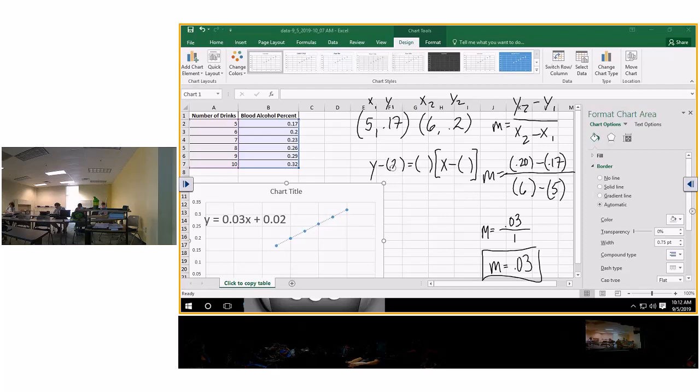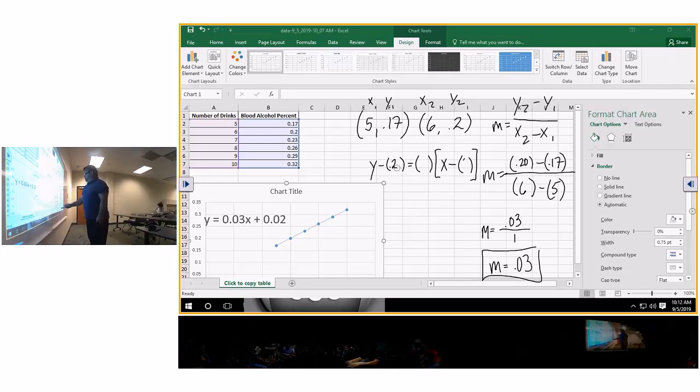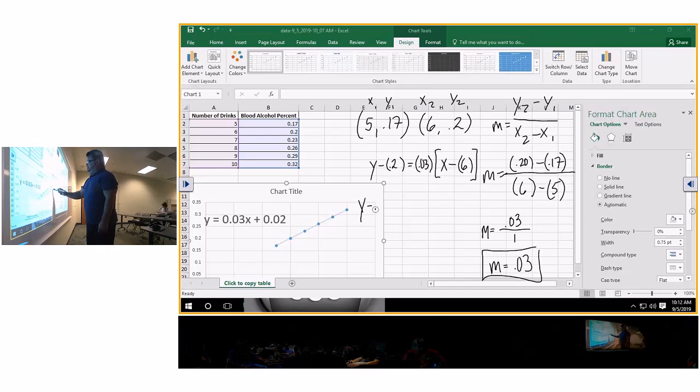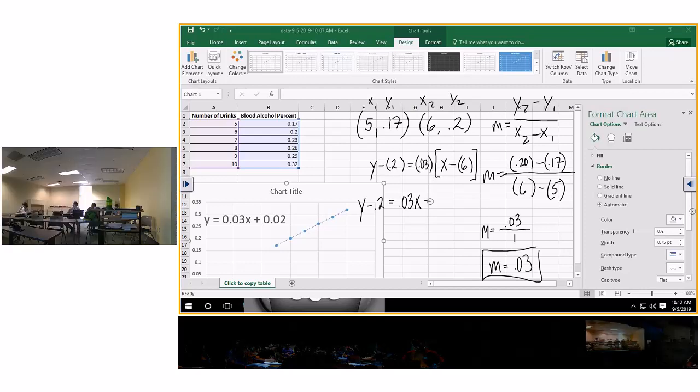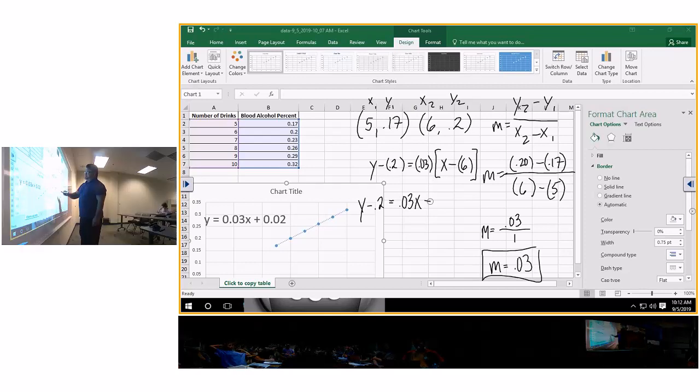And 6 and 0.03. So y minus 0.2 is equal to 0.03x minus, and 3 cents is 18 cents. y is equal to 0.03x minus 18 cents plus 20 cents.